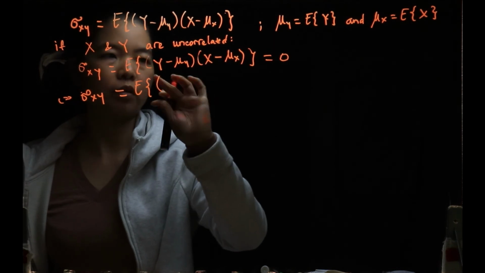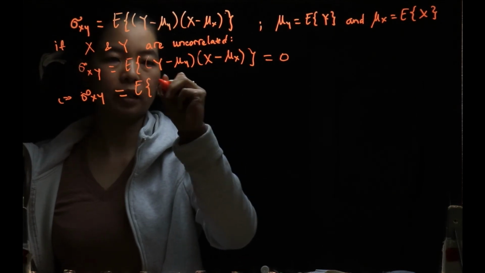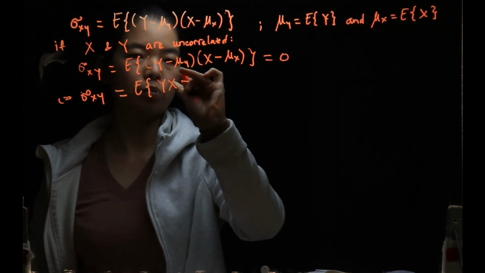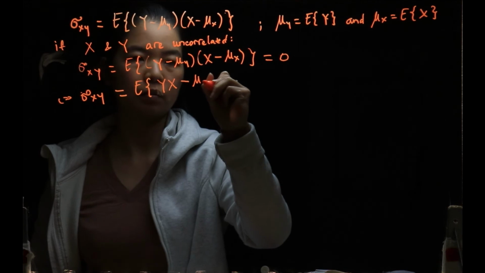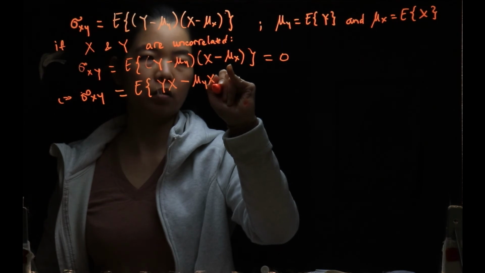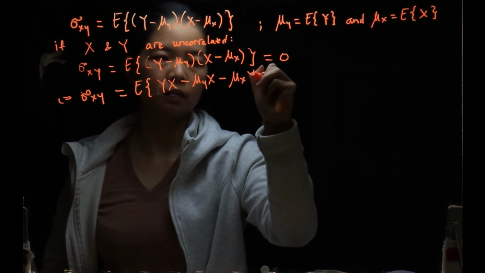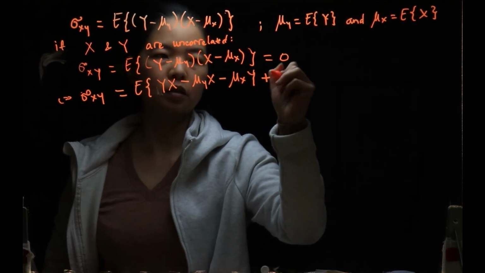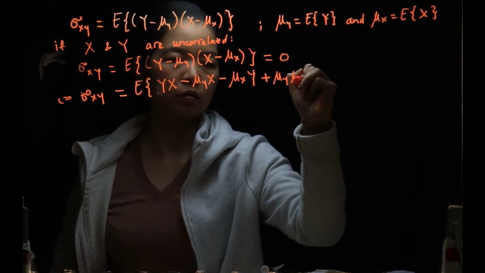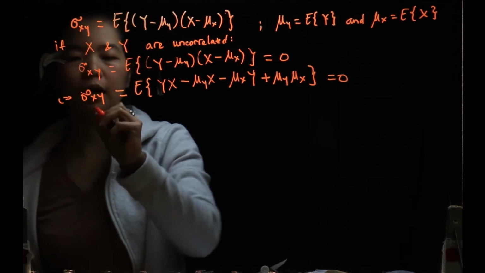Inside we would have y times x, then minus mu y times x, then again minus mu x times y, right? And then plus mu y times mu x. Curly brackets equals 0.